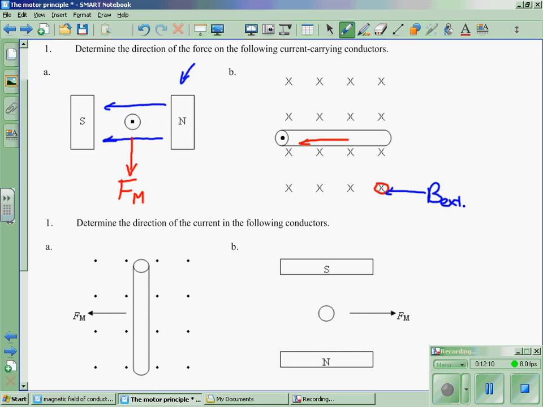So if you point your thumb to the left, you'll notice that once again, your palm is facing down. So if your palm is facing down, guess what that means? This wire will now have a magnetic force acting on it in the down direction. What does that mean? That wire will accelerate down. Okay? Hopefully that will clarify a few things for you.